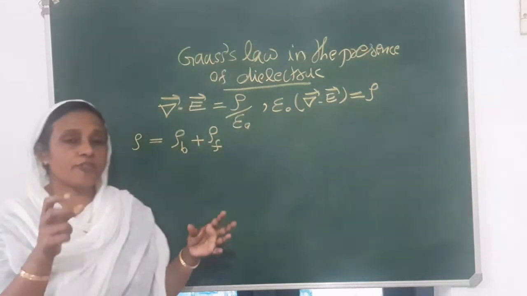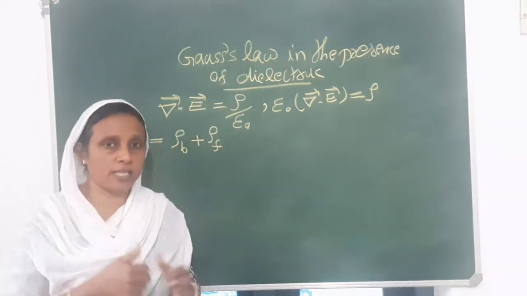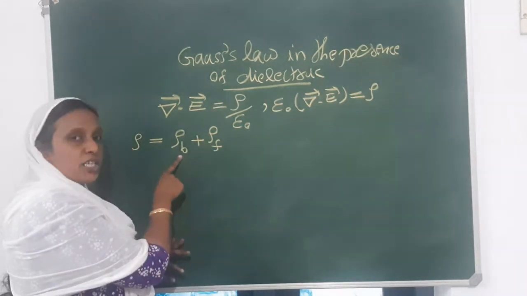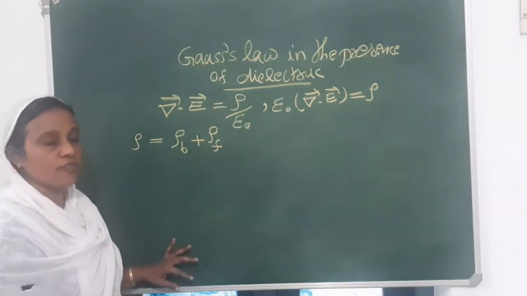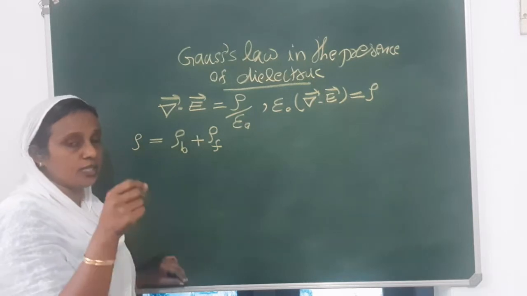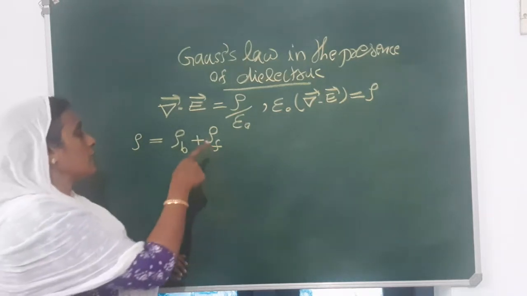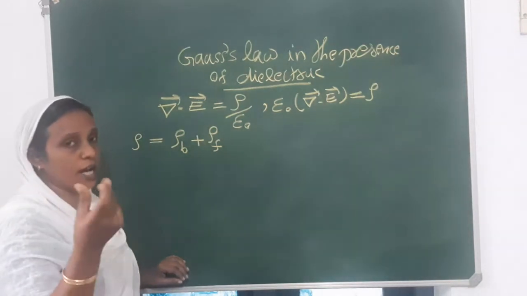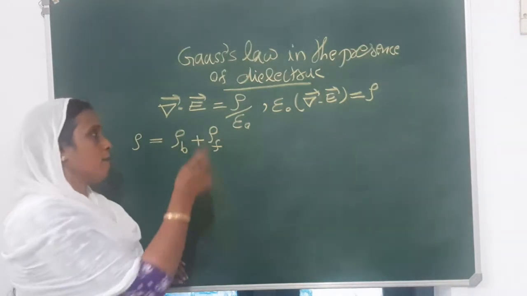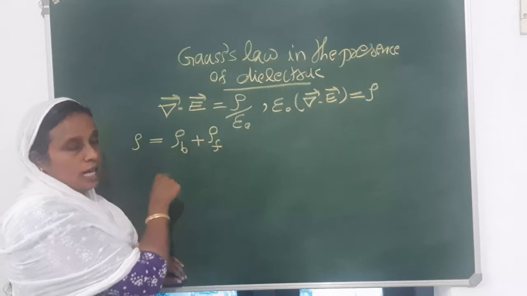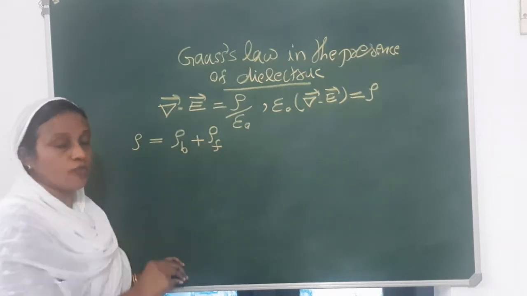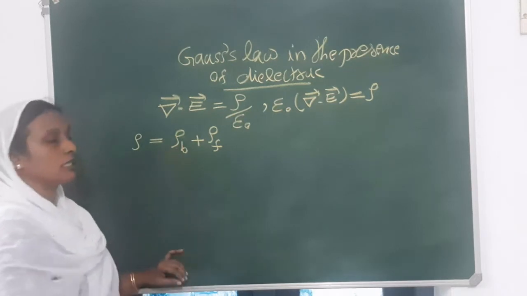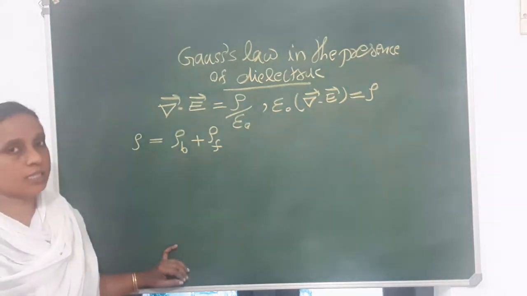That means if a material has some polarization, then there is bound charge density rho b. If there are free charge carriers, free electrons or free ions inside a material, there is free charge density rho f. If there is polarization inside a material, then there is the bound charge density.